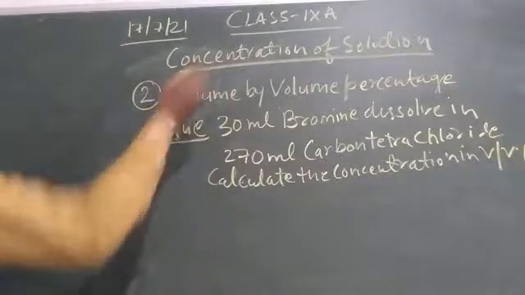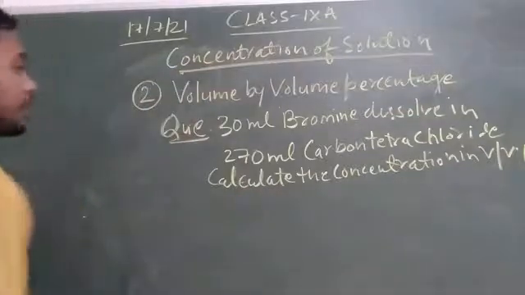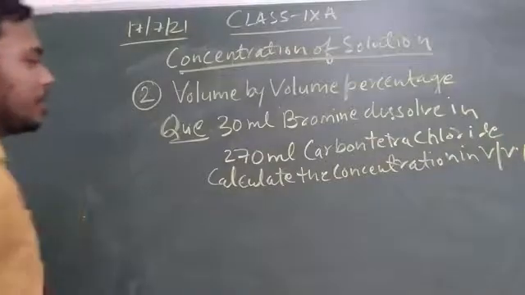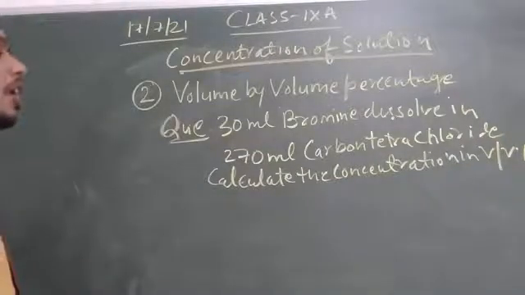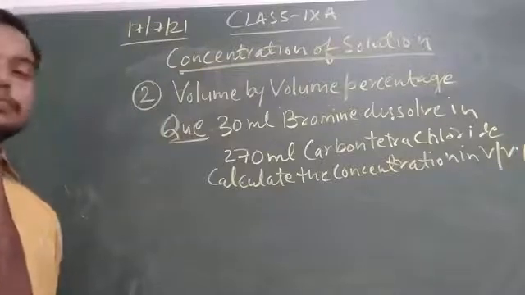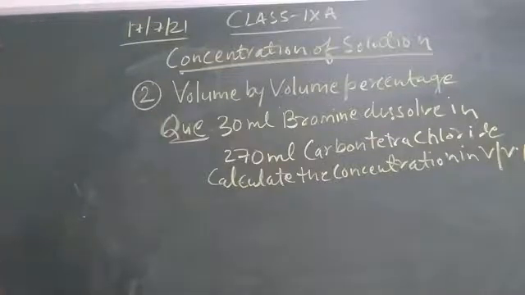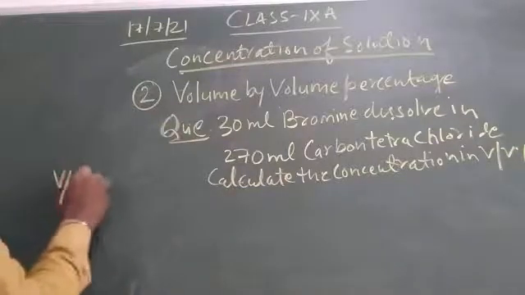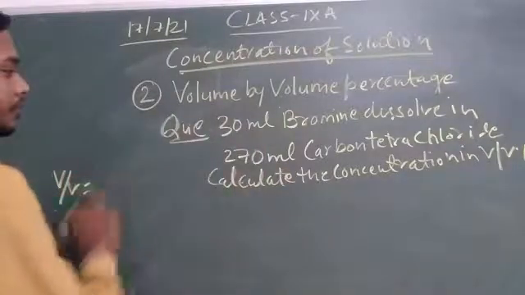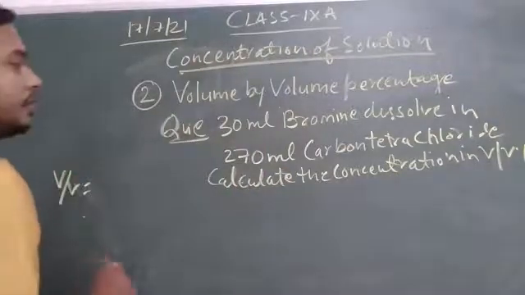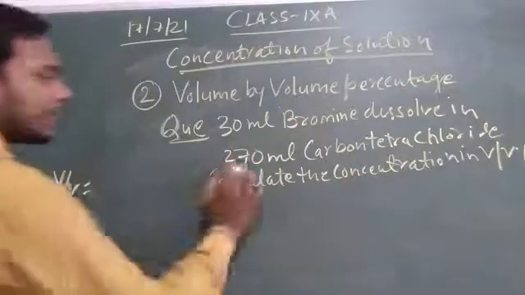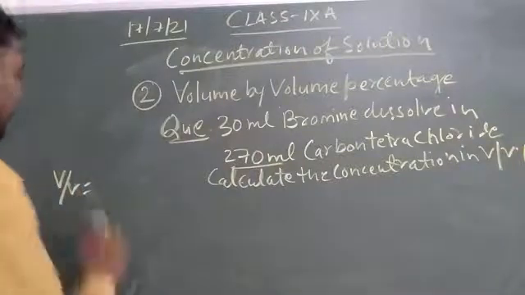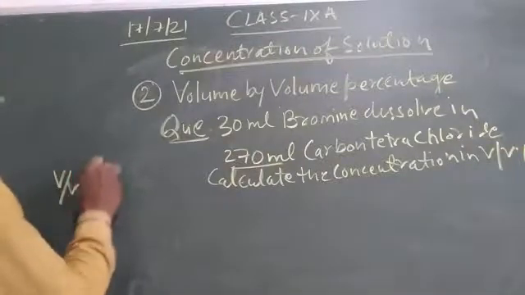The formula is the same applied on this question. 30 ml bromine is the solute, where the 270 ml of carbon tetrachloride is the solvent.